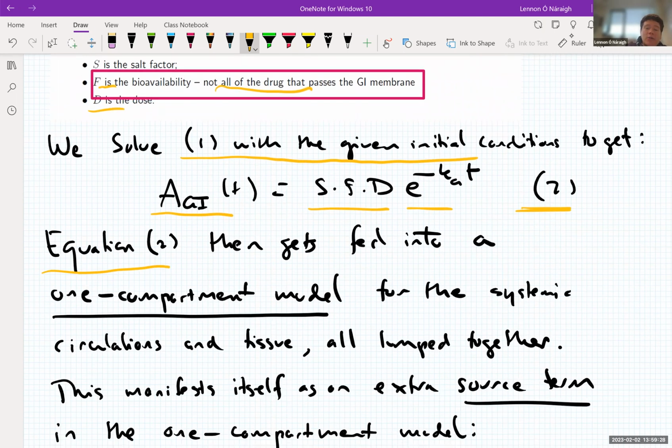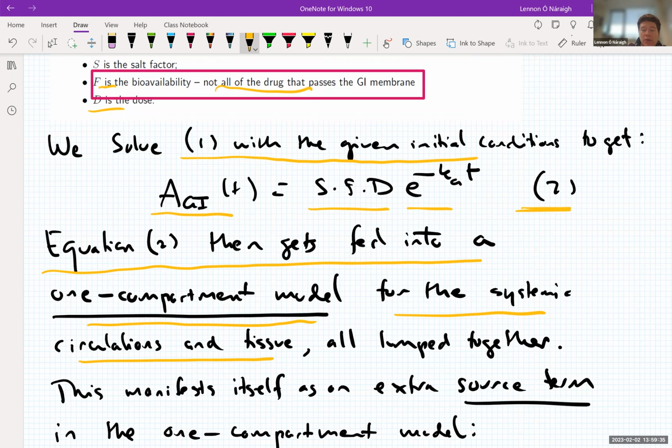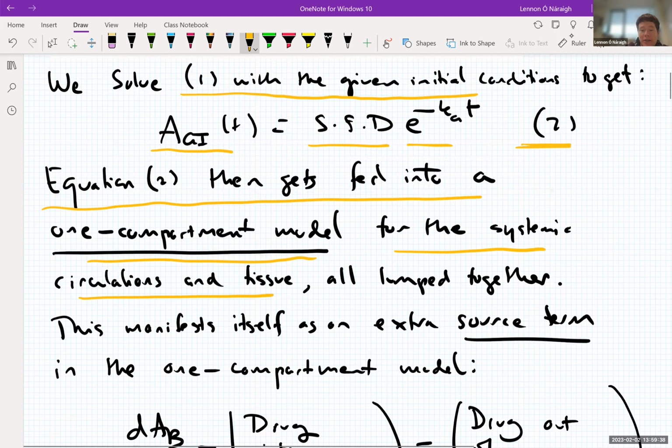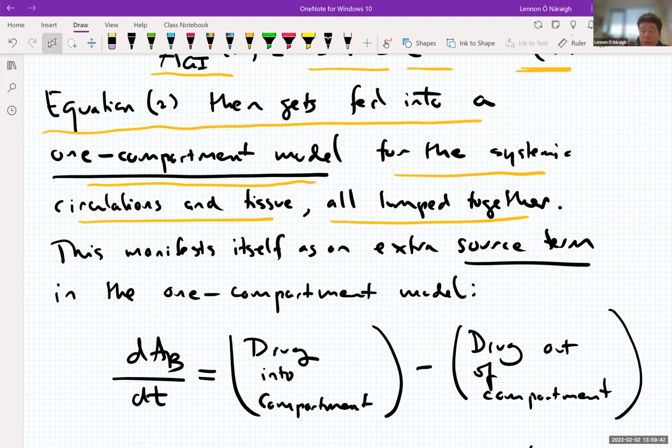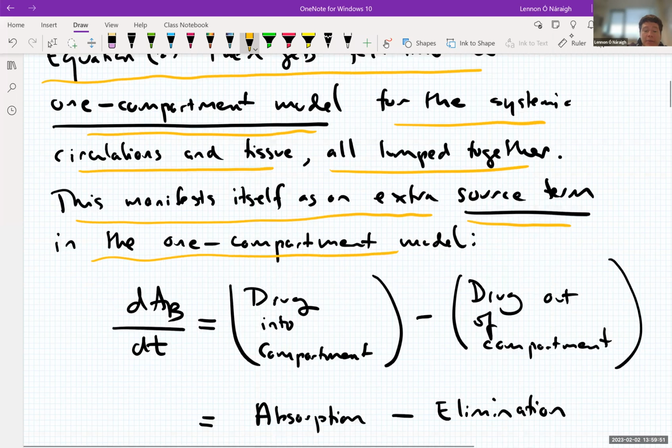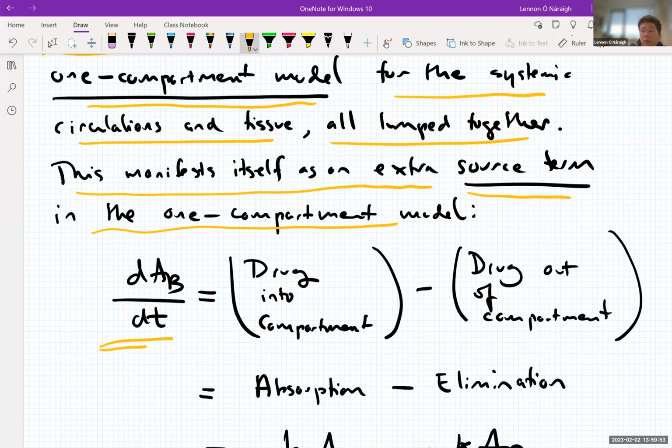The idea then is that equation 2 gets fed into a one compartment model for the systemic circulation and the tissue, and these are lumped together in the one compartment. This new addition to the model manifests itself as an extra, what I call source term, in the one compartment model. Before, we had dAB by dt proportional to elimination, the drug out of the central compartment.